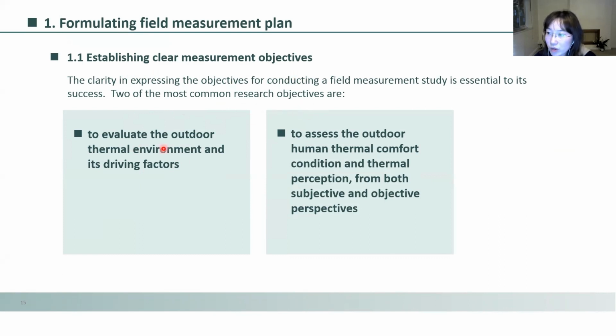One is to evaluate the outdoor thermal environment and its driving factors, and the other is to assess the outdoor thermal comfort condition and thermal perception from both subjective and objective perspectives. And I also found that sometimes both research purposes may appear in the same study. So the first step is to clarify your measurement objectives.